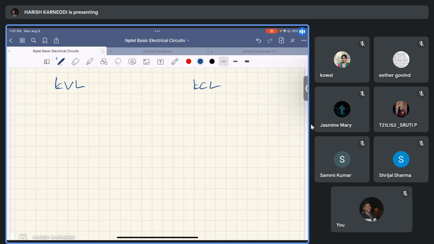What is meant by KVL? KVL is Kirchhoff's voltage law, which states that the algebraic sum of the voltages in any loop is equal to 0.